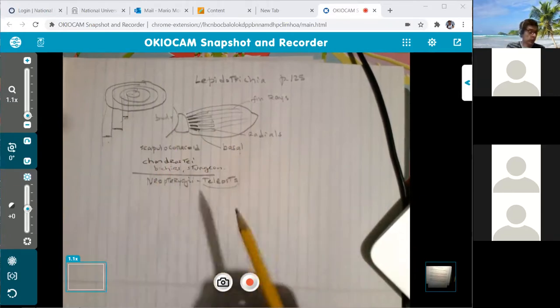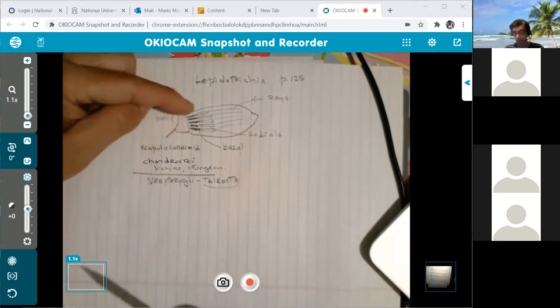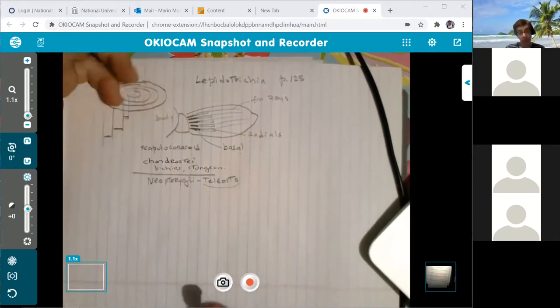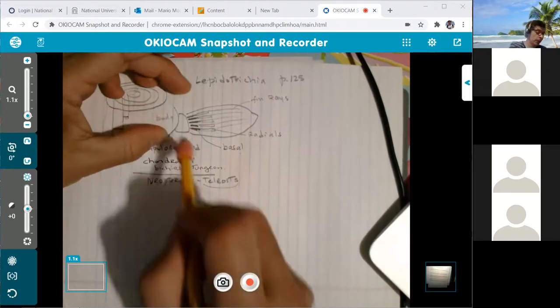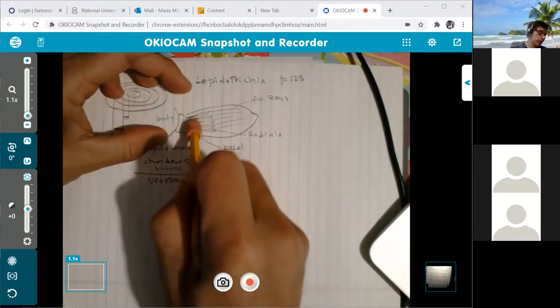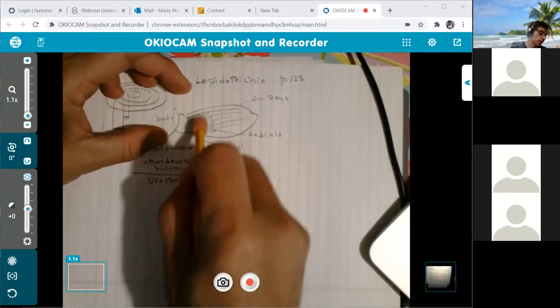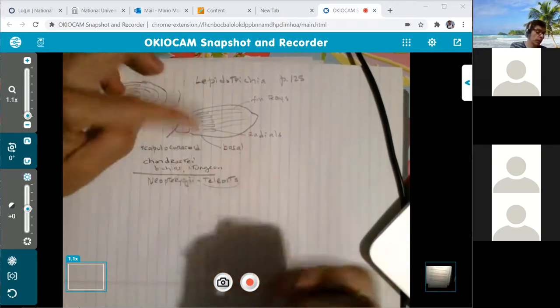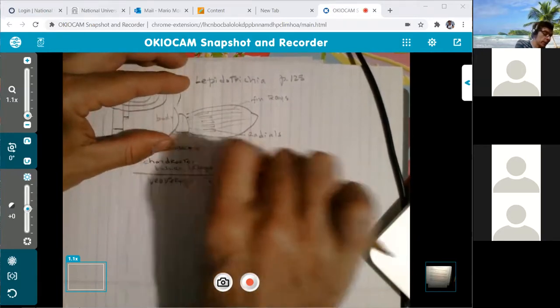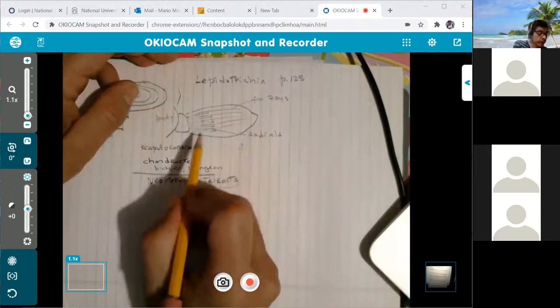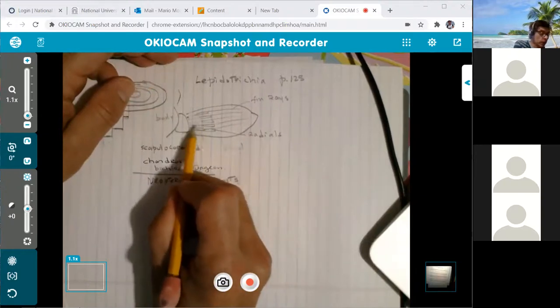So draw exactly the same. I'm going to erase it, so you're going to hate me, but you would just take the basals out, and just have the radials attached.